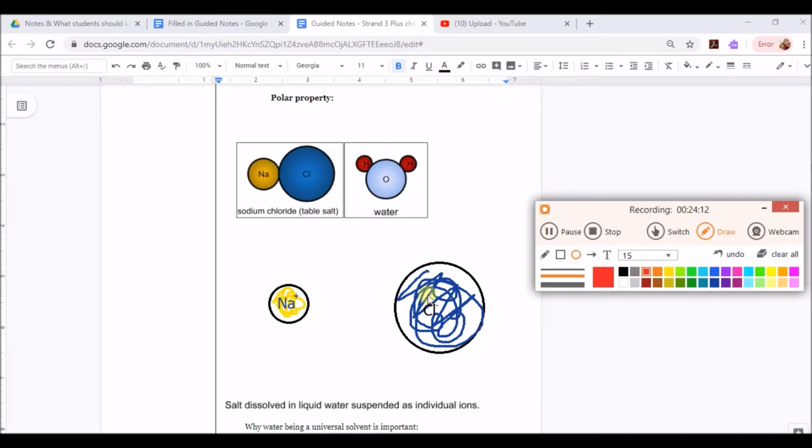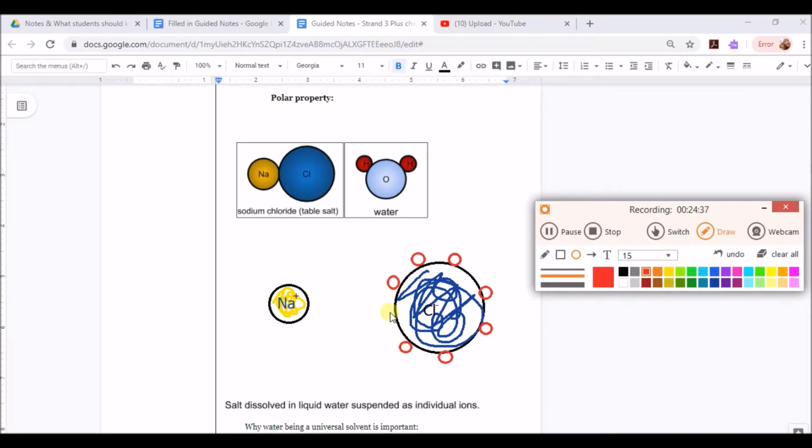So I'm going to make a few red circles to represent my hydrogens here. I'm just going to put a few of them so it doesn't take us forever to draw this. I'm going to draw 8 in total. These are the positively charged side of my water molecule.